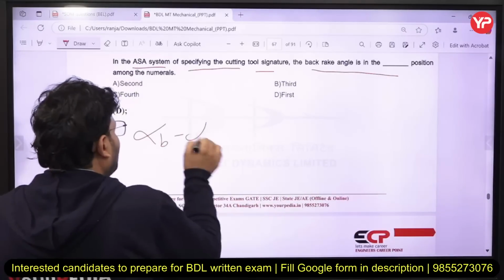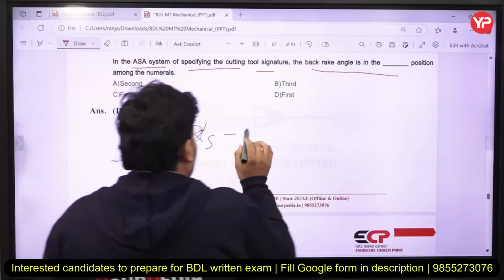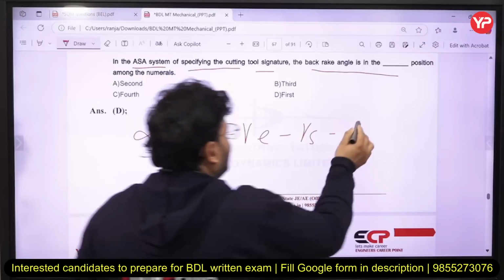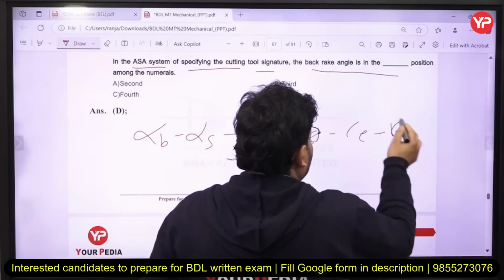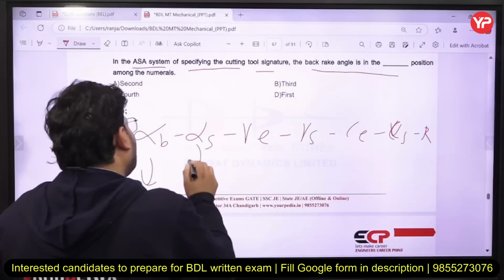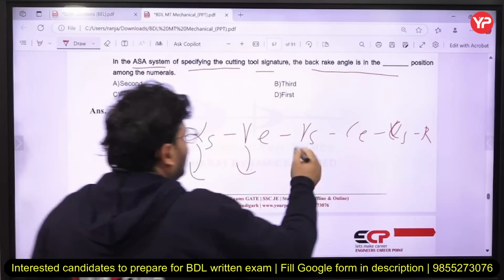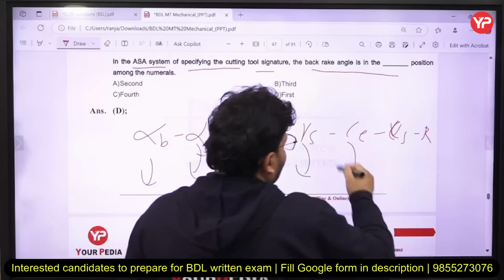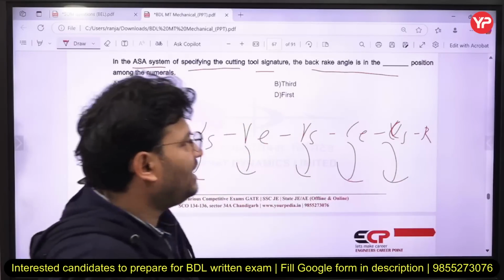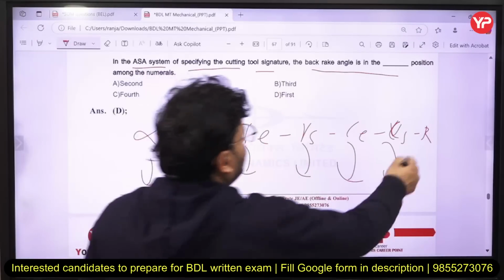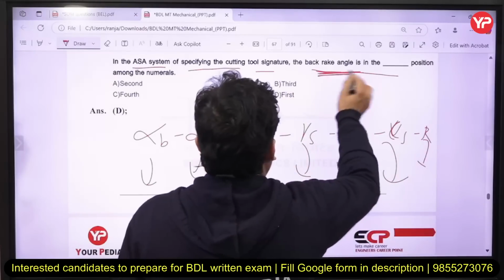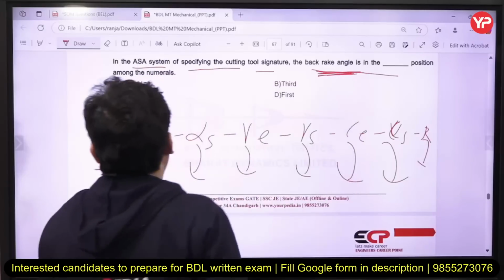This is alpha B, alpha S, after that gamma E, gamma S, after that CE, CS, and after that R. Back rake angle, side rake angle, end relief angle, side relief angle, and cutting edge angle. This is end cutting edge angle, that is side cutting edge angle, and the last one is what? Nose radius. So the question is about the back rake angle. Which rake angle? Back rake angle, alpha B.